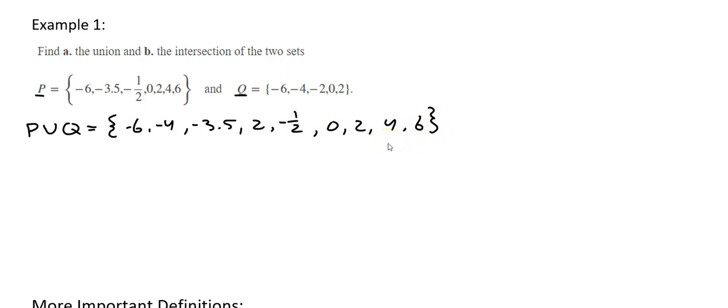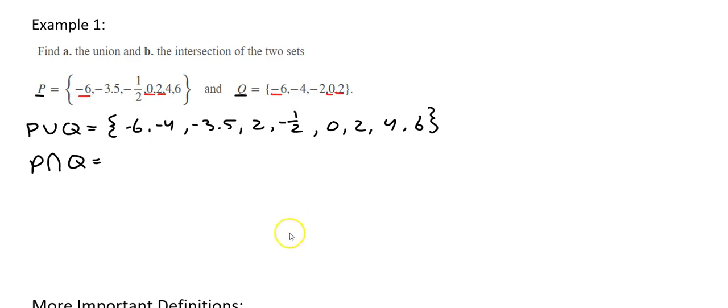That is everything included. Well, how about P intersect Q? That's just what's the same. We can look through here. I'm going to do this pretty quick. Just whenever you're doing your homework, make sure to just be intentional. You've got -6, -6. I've got a 0 and a 0. I've got a 2 and a 2. So where do they intersect?